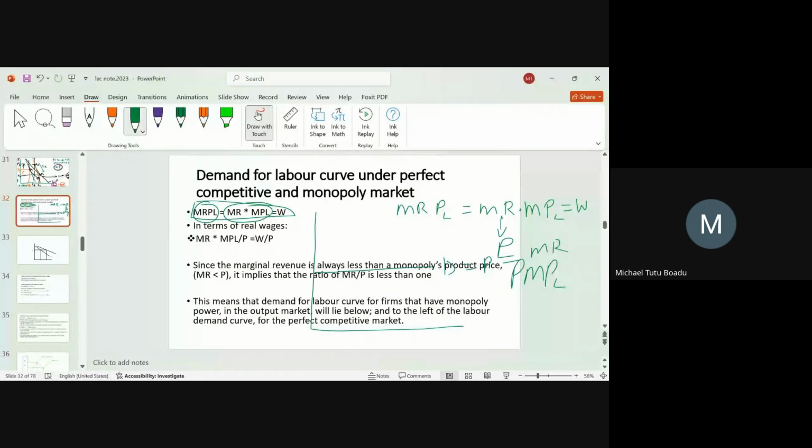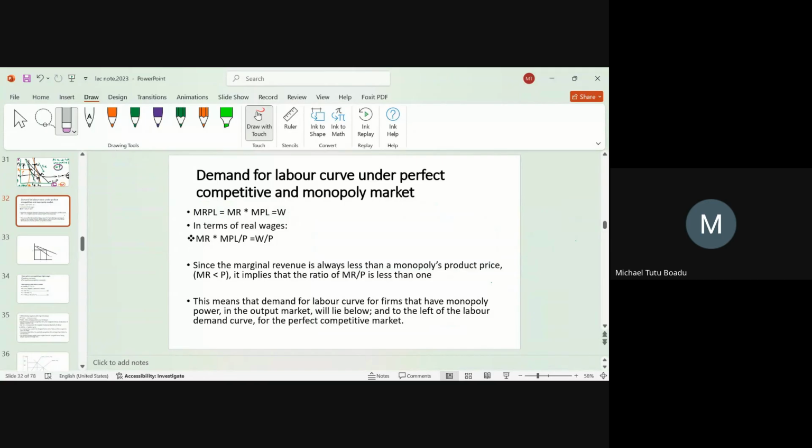So price and marginal revenue can be used interchangeably. Then in terms of real wage, here the wage is not real, it is nominal. In real terms, your marginal revenue product must be divided by price, and your wage must also be divided by price. So the real productivity of labor should be equal to the real wage labor is receiving.